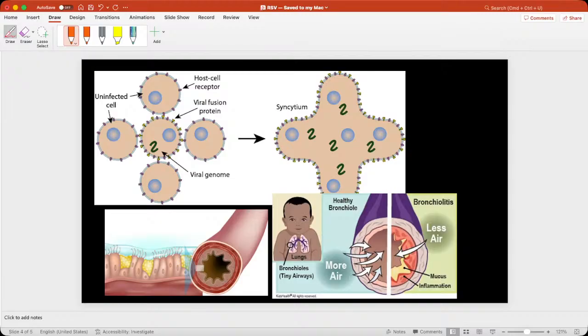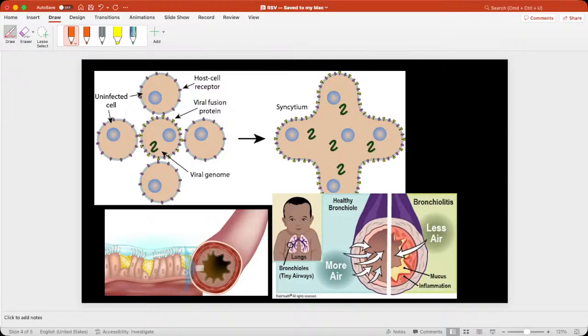I like to see them as tubes, and it kind of clogs that tube. So the patient will have a hard time breathing, and it's going to close the gap, so there will be less air.